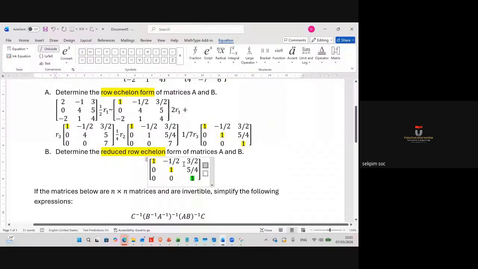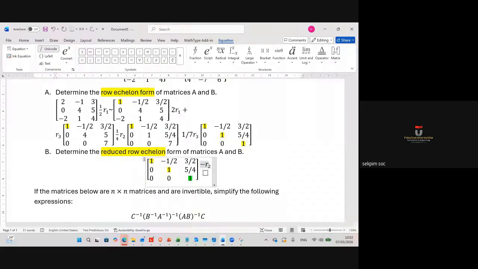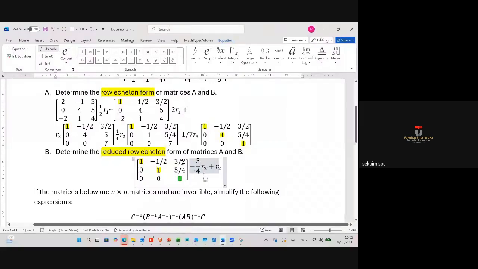To make the second row 0, 5/4, 0, we add minus 5/4 of row 3 to row 2.